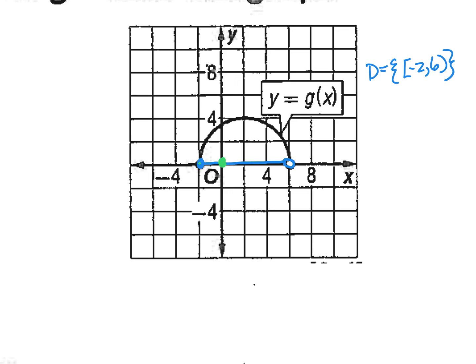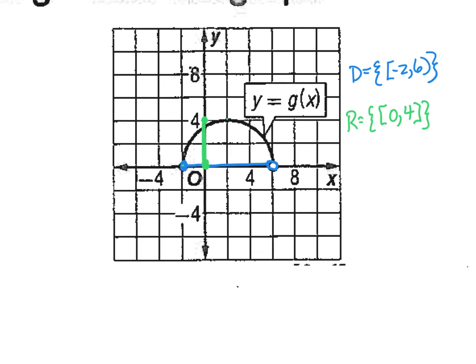Open or closed? It touches there, so closed. And what do we do about the shading? Everything between, right? Since it's solid all the way up. So now can you take that and tell me what the range is going to be? Yeah. Bracket 0 to 6 bracket. All right.